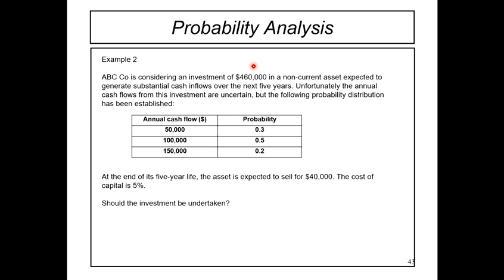Dia ada 50,000, 100,000 dan 150,000 ni annual cash flow. Dan dia bagi juga probability yang akan didapat, 30%, 50%, 20%. So at the end of its 5 years life, the asset is expected to sell for 40,000. So this is your scrap value lah. The cost of capital is 5%, should the investment be undertaken.